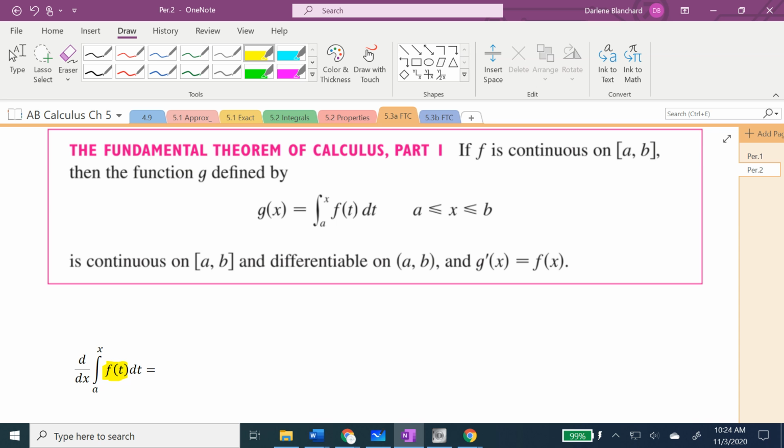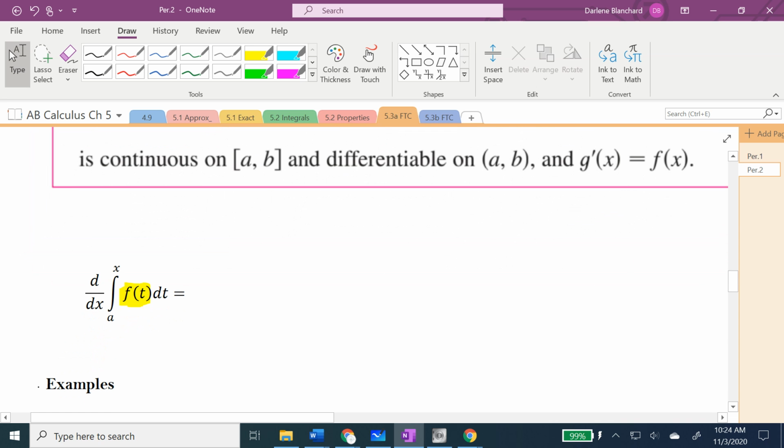So what I'm going to do is, if you look at what this is saying, the antiderivative of f is the function g. And this is also saying that I do the integral first, the definite integral, and then I take its derivative.